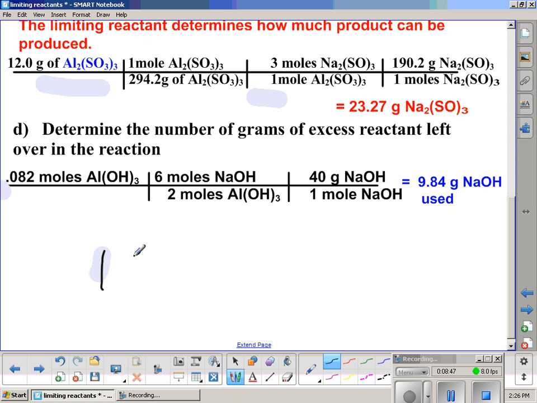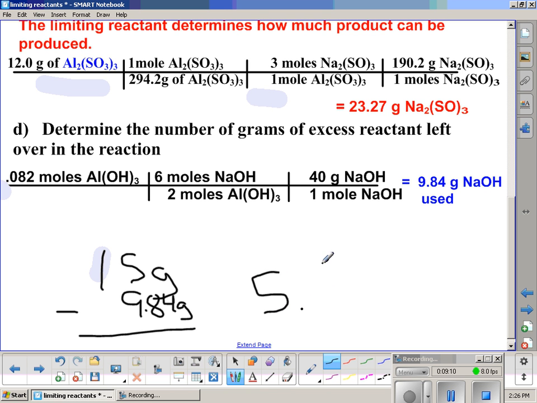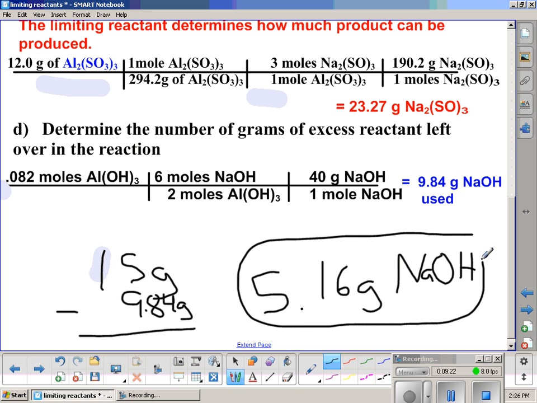Here we go. 15 grams, and you're going to subtract 9.84 grams, and that will tell us how much is left over. And you should come up with 5.16 grams of sodium hydroxide excess or leftover, however you want to say it.